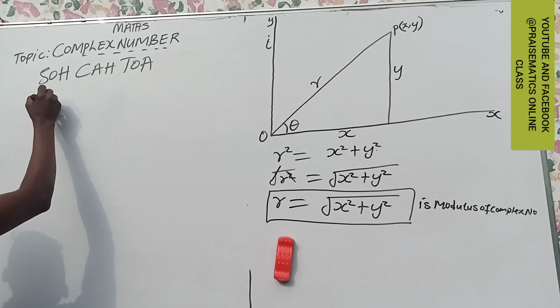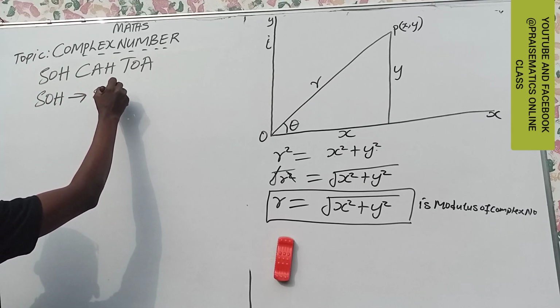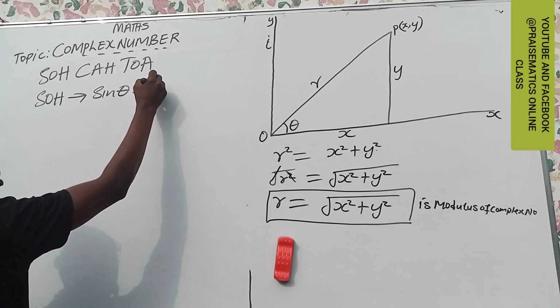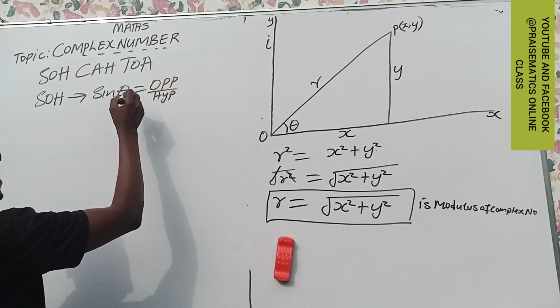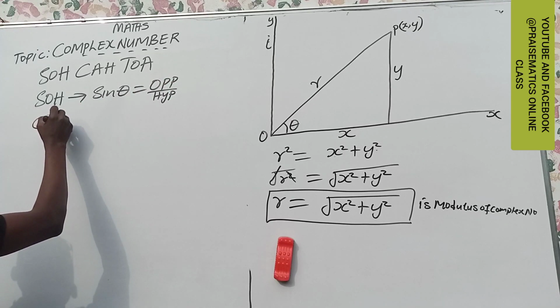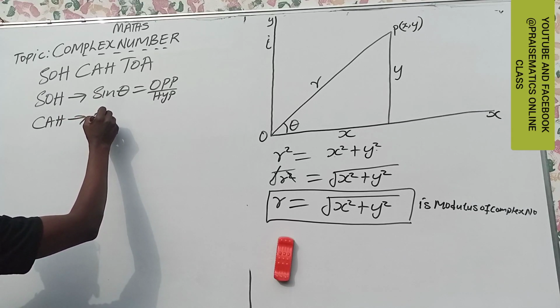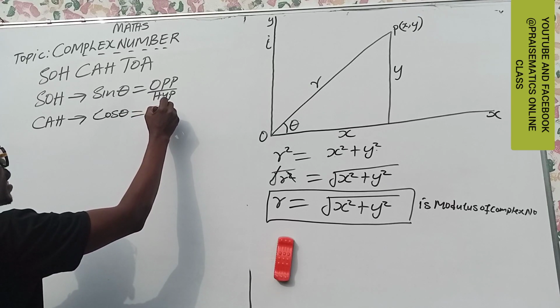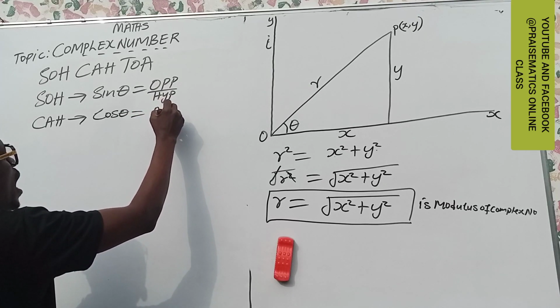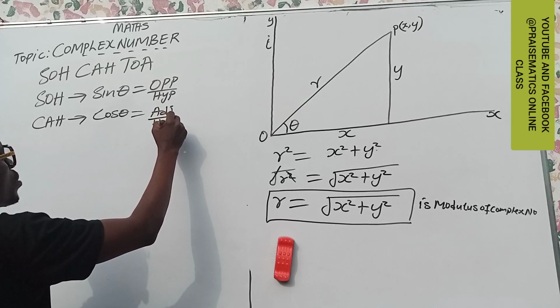Now, SOH implies sine theta equals opposite over hypotenuse, and CAH implies cos theta equals adjacent over hypotenuse.